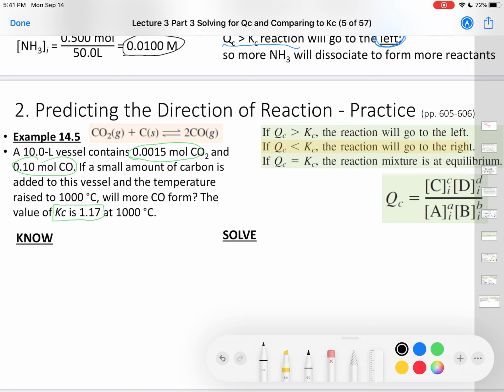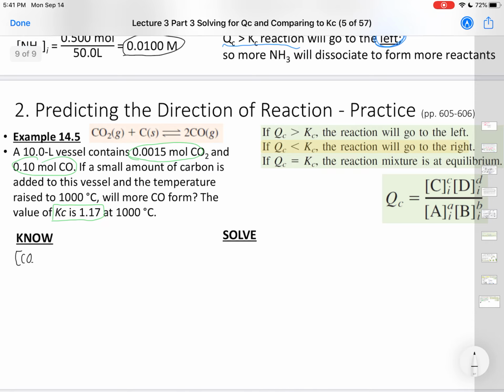Okay, so using all that information, let's calculate what the concentration of CO2 is. Initially, it is going to be 0.0015 moles divided by a 10-liter flask. That's nice because it just moves the decimal point.